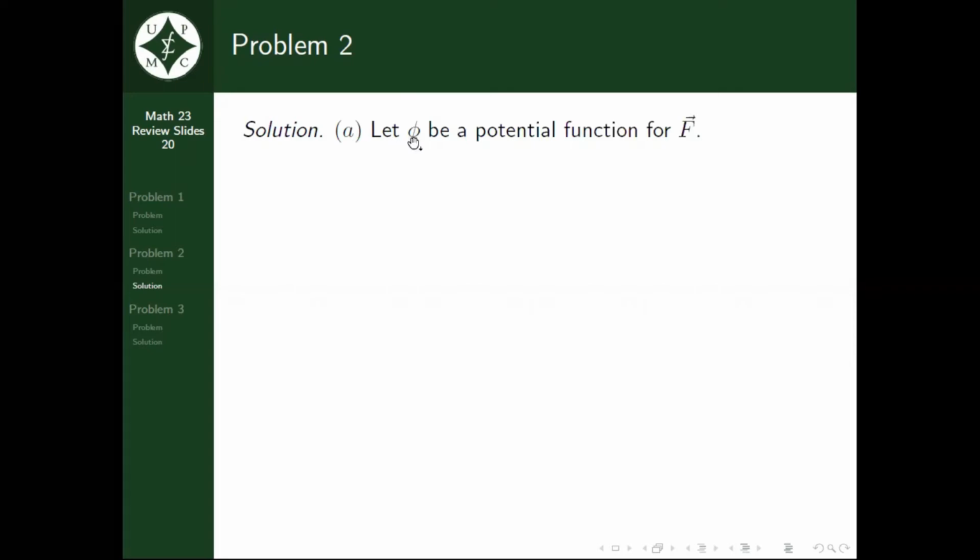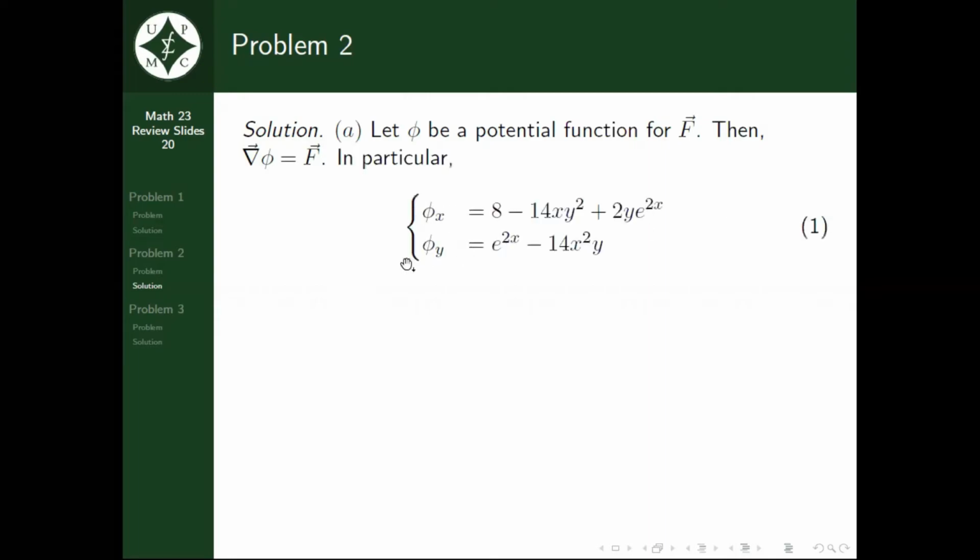So we let phi be our potential function for f, and so the gradient of phi is equal to f. Specifically, the components of f are partial derivatives. So we have the following.